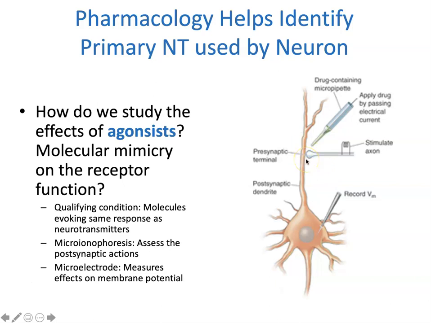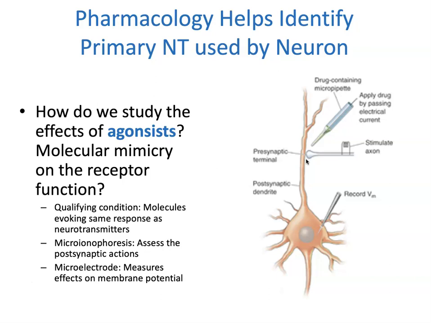To define them, agonists are drugs that facilitate the effect of the neurotransmitter. They mimic the typical ligand that the receptor will bind to. And then the antagonist would be the drug that does the opposite. It would inhibit the effect of the neurotransmitter.